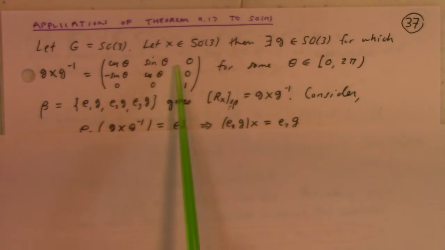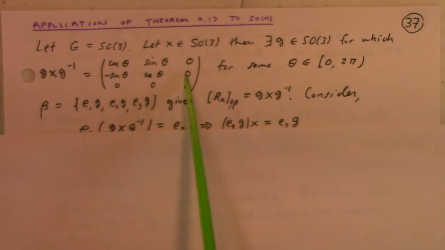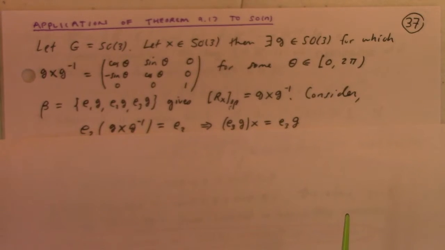This right here is the standard maximal torus in SO3 from that theorem. And so this gives me that Rx beta beta is Gx G inverse.